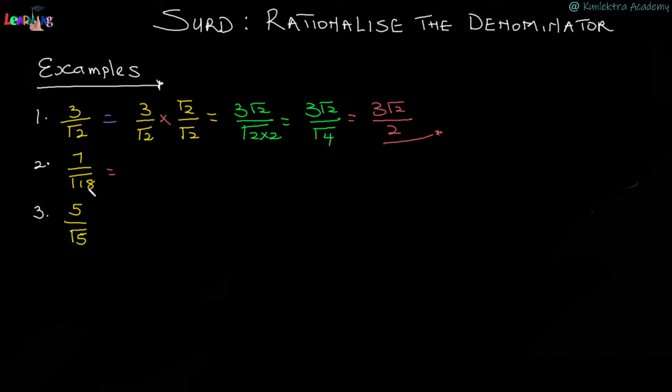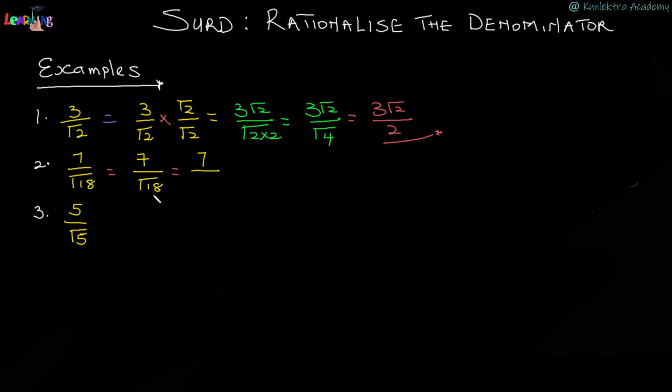Firstly, you have to simplify this root 18. So you have 7 over root 18, which will also be 7 over, simplified, root 18.